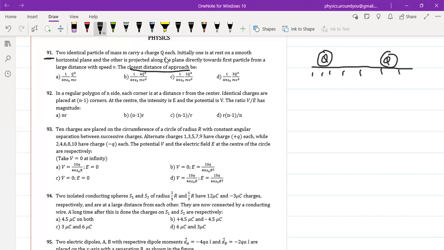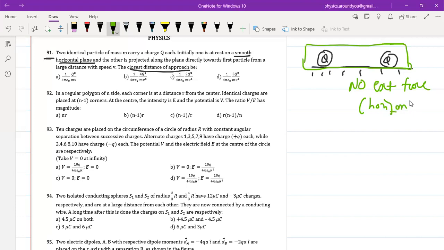This is another way of saying that if I take both of them together as a system, and I envelop them with a boundary, there is no external horizontal force acting on the system, because there is no friction.